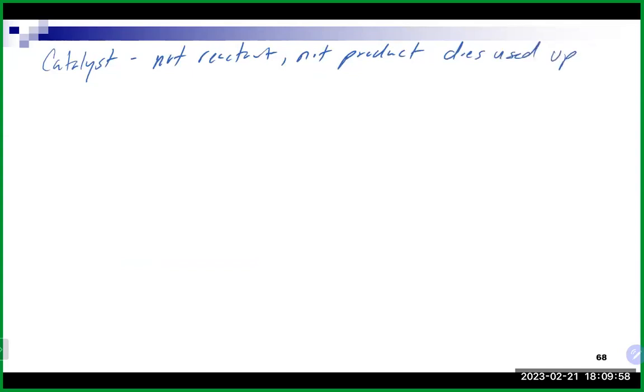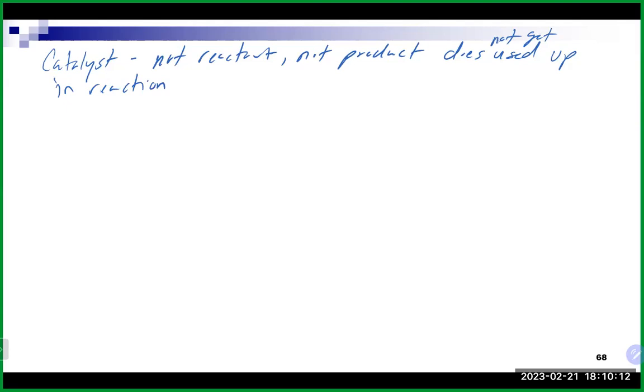The last thing that could affect an equilibrium is a catalyst, and a catalyst is, again, not a reactant. It is not a product, and it does not get used up in a reaction. It is typically there to facilitate the reaction occurring faster.